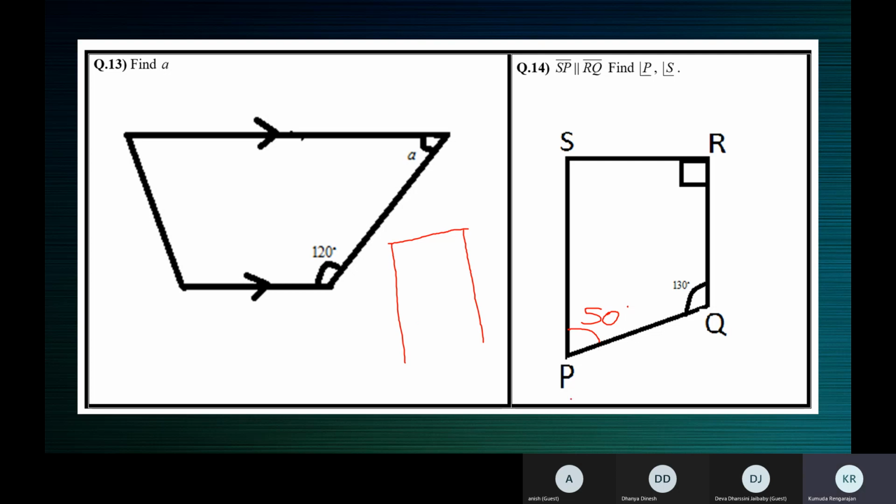Earlier we took PQ as a transversal. Now you take SR as a transversal. So here you see PQ. This is P, PS, R, and Q.